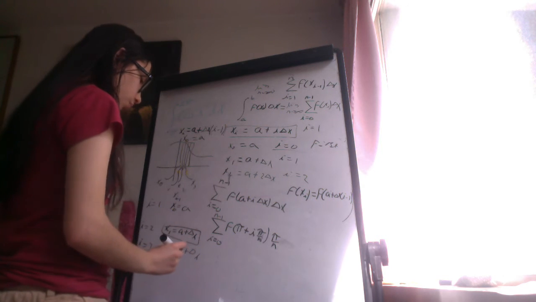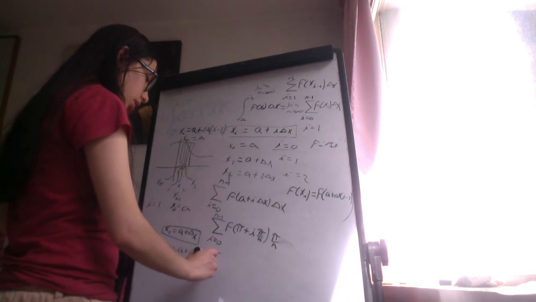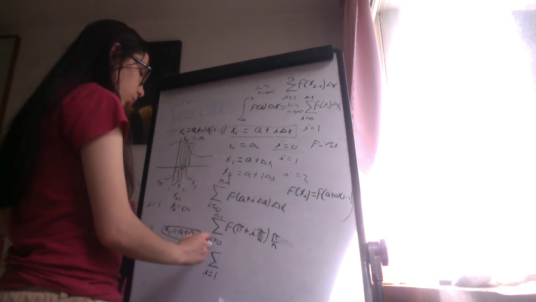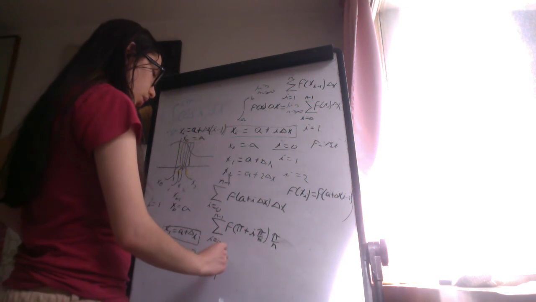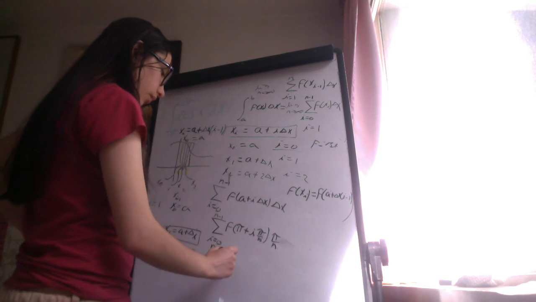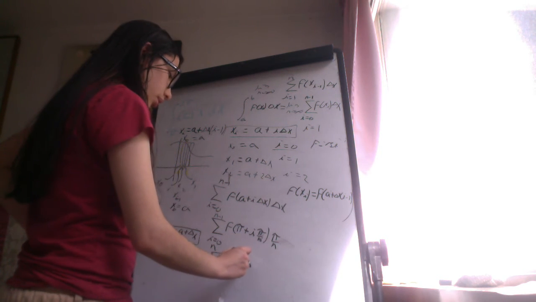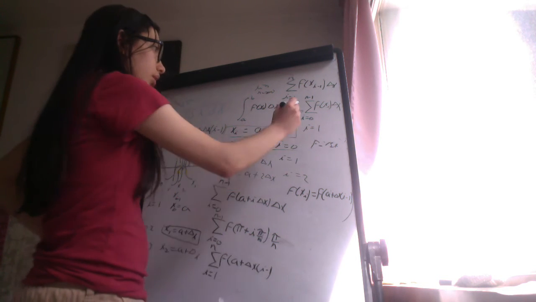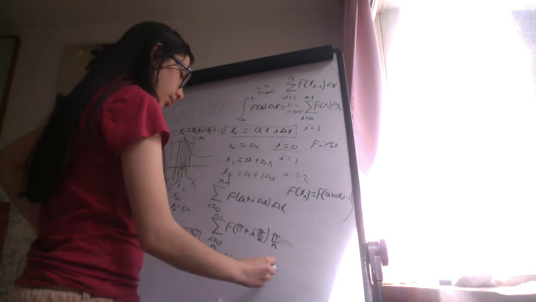And so the summation notation is the sum from i equals 1 to n of f of a plus delta x times i minus 1, times delta x.